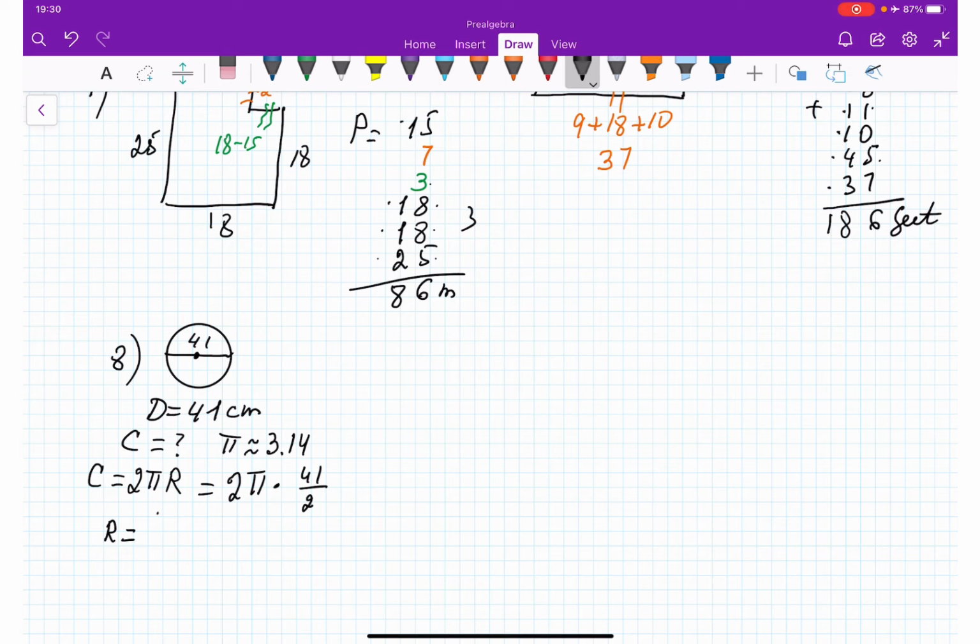Radius is equal to the diameter divided by 2, 41 over 2. And that is equal to, so this 2 and 2 are gone. So it's going to be 41 pi.